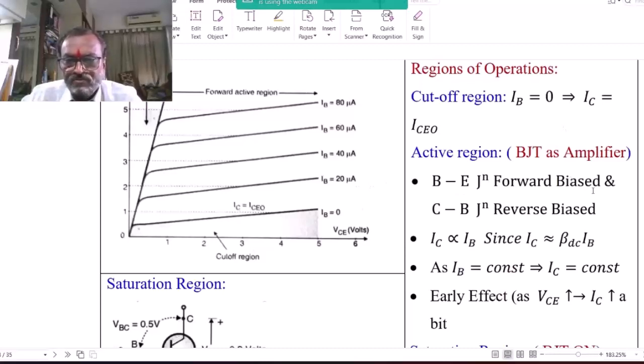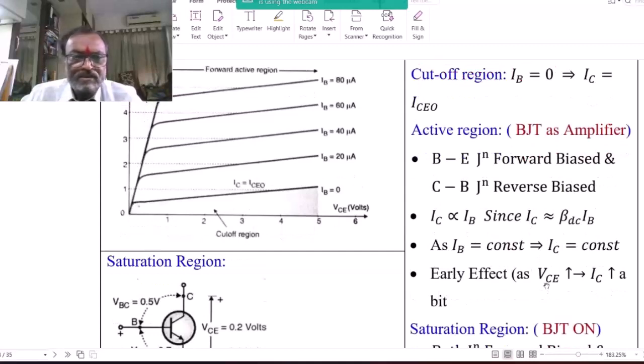Base to emitter junction is normally forward biased and collector to base junction is reverse biased. IC is proportional to IB since IC is approximately equal to beta into IB. Here we have ignored ICEO.